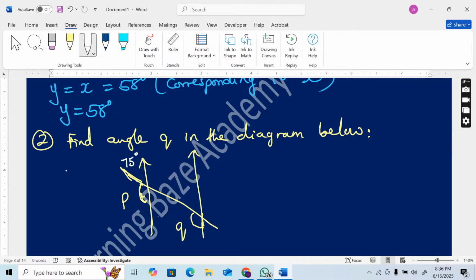In this case, before we can find angle Q, we will have to find angle P, because angle Q is equal to P because they are corresponding, and we don't know angle P. So before we can get angle Q, we need to find angle P. You may be given questions like this.